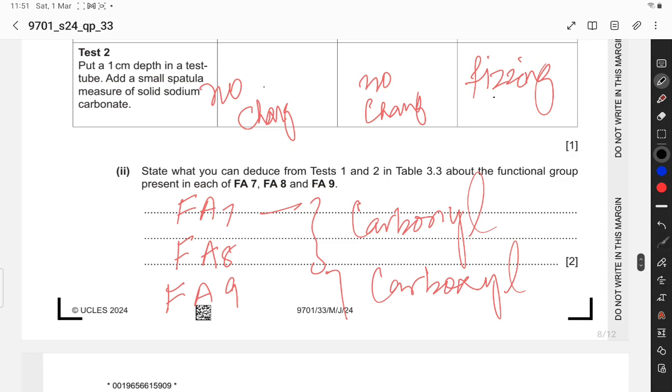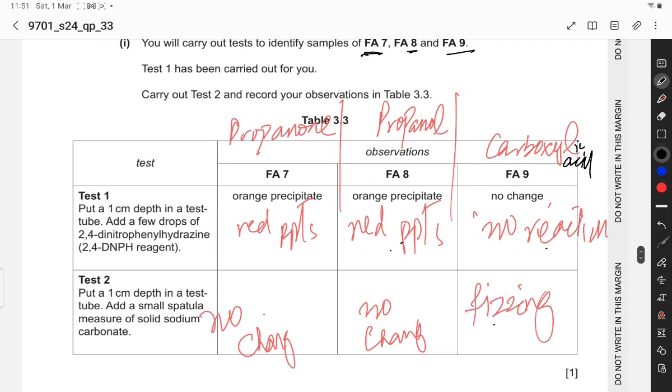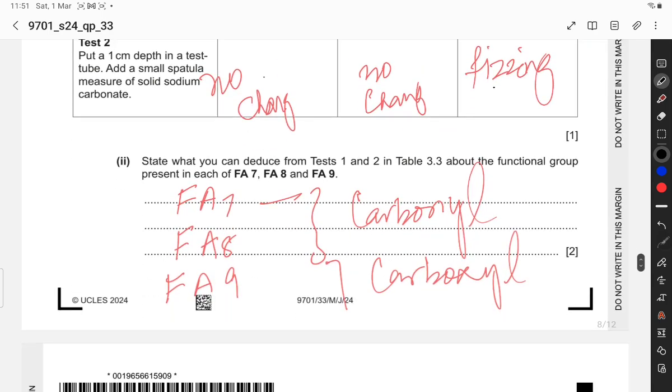State what you can deduce from tests 1 and 2 in table 3.3 about the functional group present in each of Fa7 and Fa8. Fa7 and Fa8 are carbonyl, so we can't distinguish between propanone and propanol because no other test is given over here. So both are carbonyl.